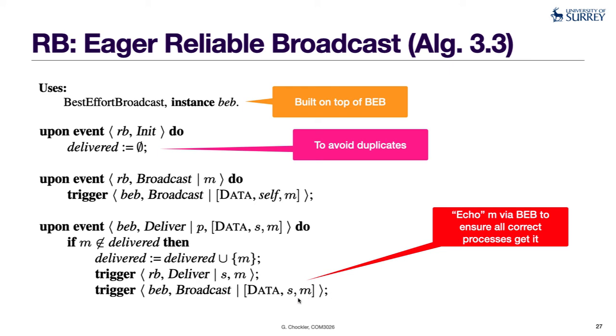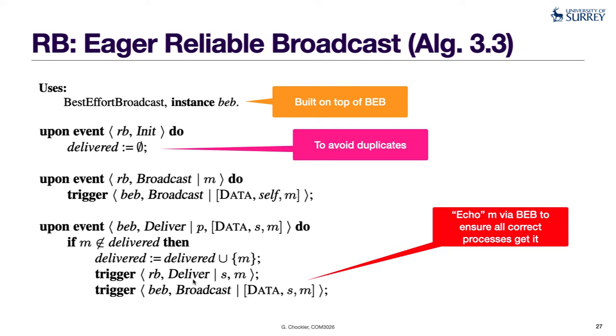And why are we doing this? That's a great question. Just think about it for a moment. The reason we do this echoing is because we want to satisfy the stronger agreement property that reliable broadcast offers. A process gets a message from the sender, but the process can't actually know whether the sender is correct.